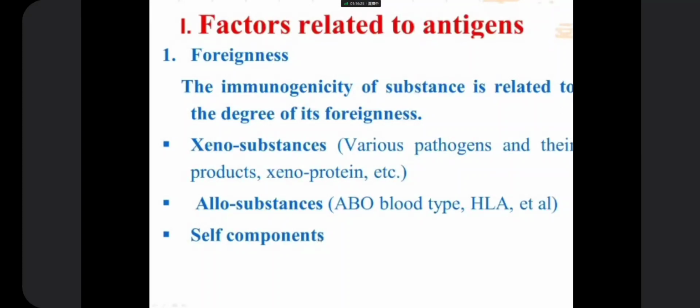Self-components may be mutant cells of itself, and denatured IgG.